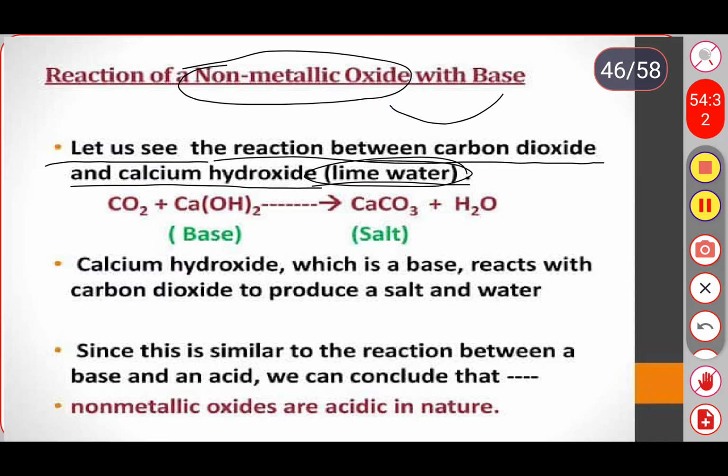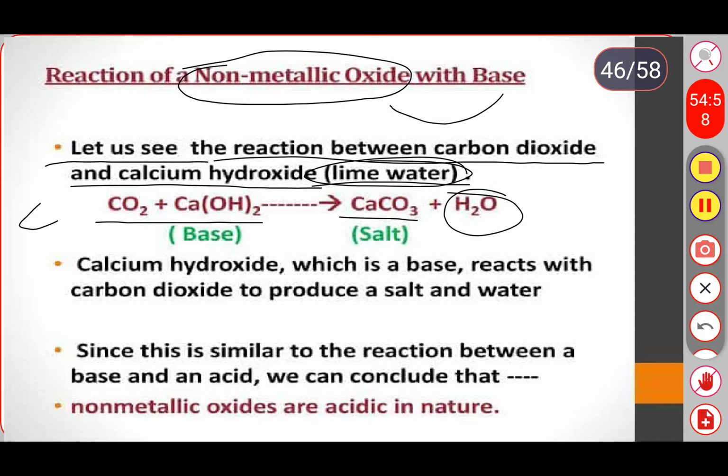So here carbon dioxide is a non-metallic oxide, right? Carbon is a non-metal. When it combines with oxygen, it forms a non-metallic oxide, carbon dioxide. When carbon dioxide reacts with calcium hydroxide, it produces a salt along with water. Calcium carbonate is the salt, and the remaining product is water.